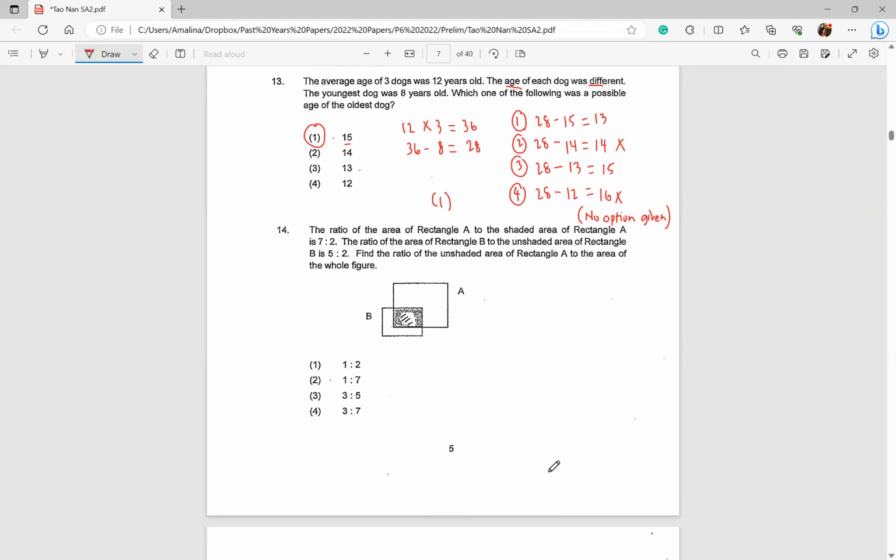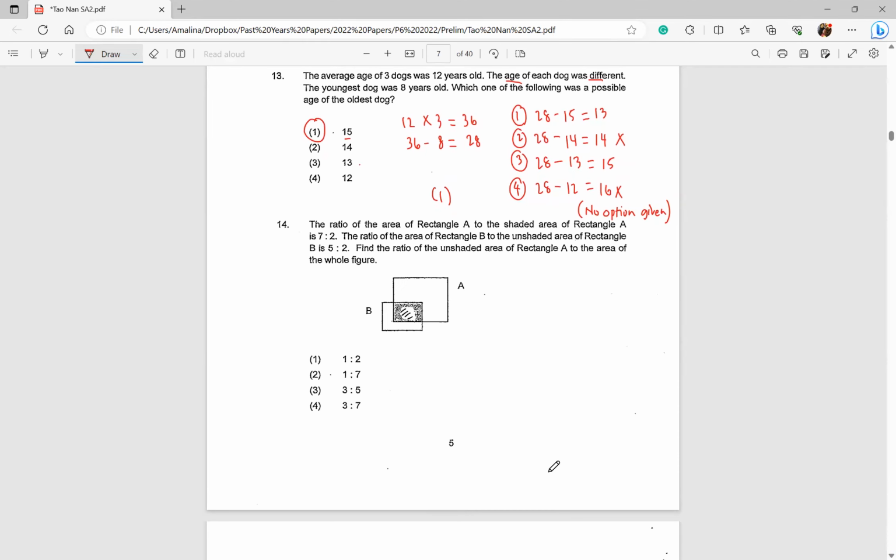Okay, question number 14. The ratio of the area of rectangle A to the shaded area of rectangle A is 7:2. So let's record the ratio, A to A shaded, 7:2.